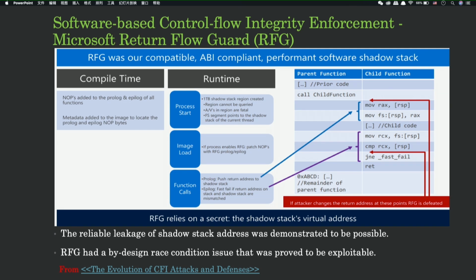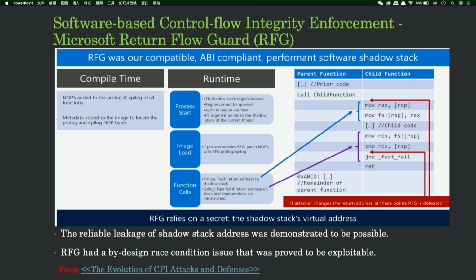What this does is that we see RSP is the current stack pointer. It points to the return address of the current call. So we copy that into this FS RSP, which points to the shadow stack, which means we're copying the real return address into the shadow stack.